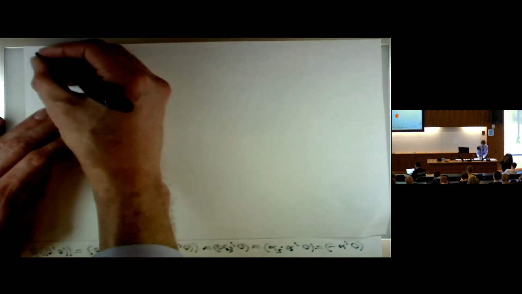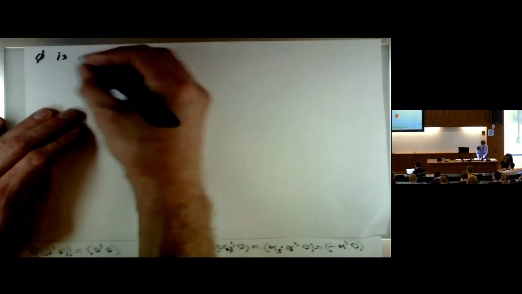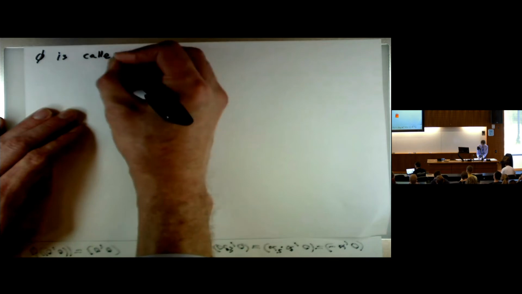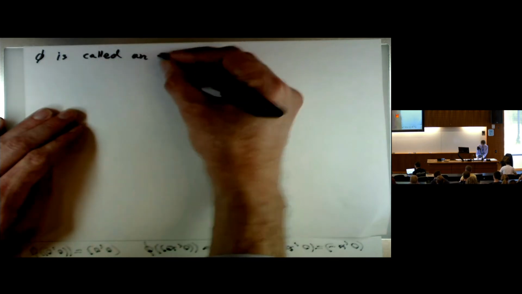Okay, so we now need to discuss the concept of an endomorphism. All of these things we've been discussing so far are examples of endomorphisms. Phi is called an endomorphism.